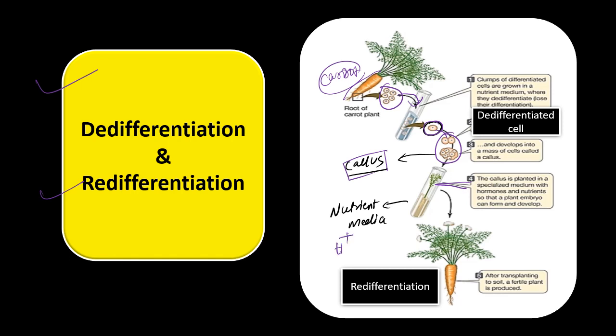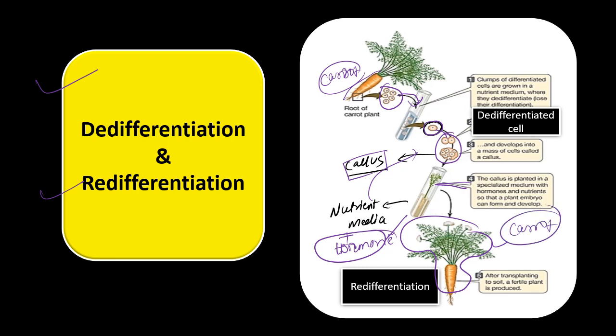This callus is further transferred into hormone media. This hormone media gives a favorable condition to this callus so that it can grow. This callus can grow into the same cell. This is a new carrot.